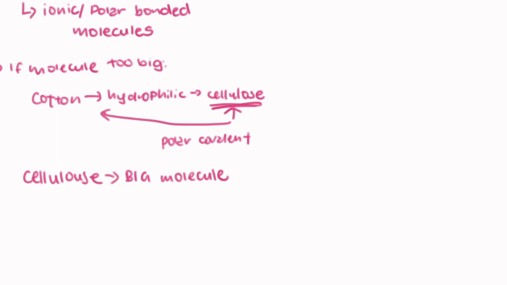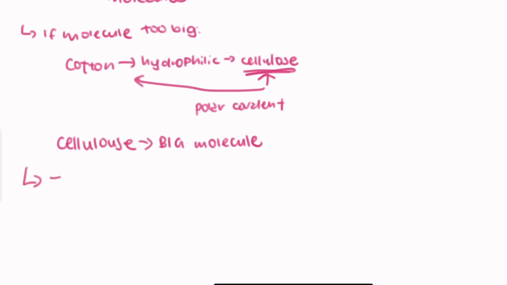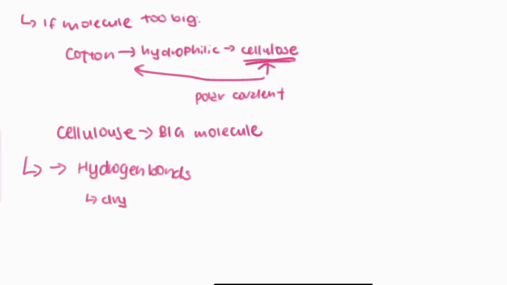It's too big, it's giant, so it's too big to be able to dissolve in water. So instead, the water and the hydrophilic molecules form hydrogen bonds with each other, which is very funny. If you think about it, this is how you're able to dry with cotton towels, because water loves it, and so it forms hydrogen bonds and sticks to it.